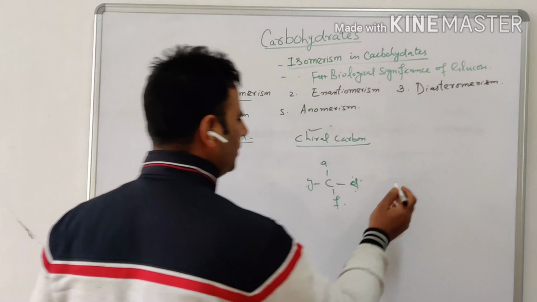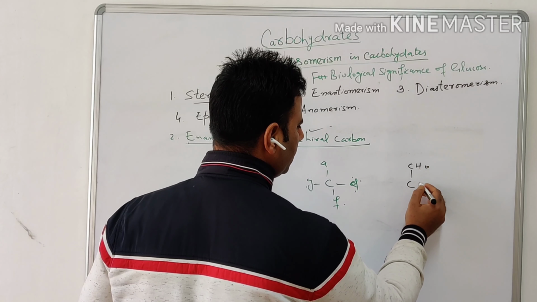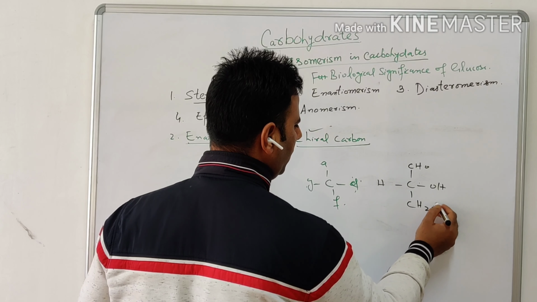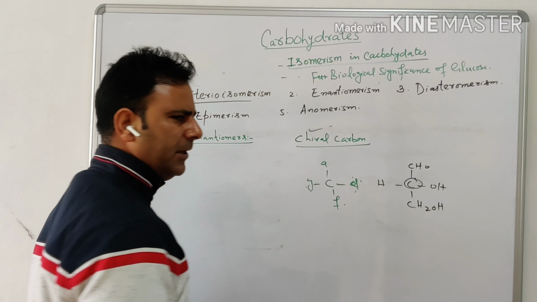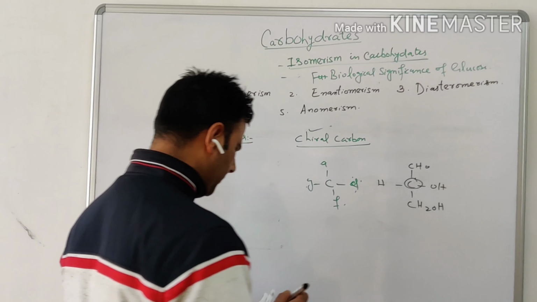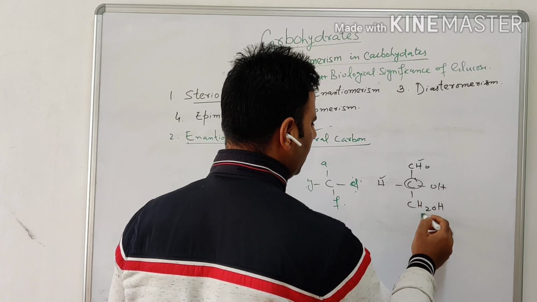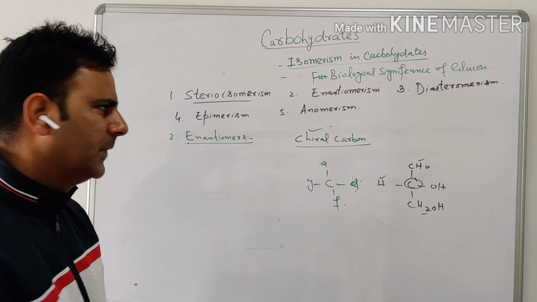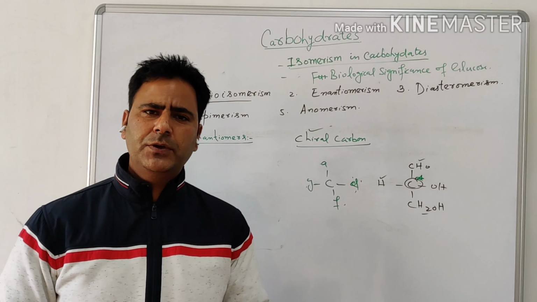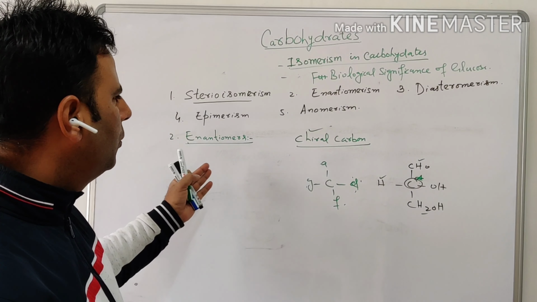Right now we have made this glyceraldehyde: CHO, C, H and OH, and here CH2OH. Just see whether this carbon is chiral or not. On one side it is attached to OH, on the other side to H, and here CH2OH, and here CHO. Yes, this is a chiral carbon, and if we have a chiral carbon anywhere, it has the capability to show enantiomerism.